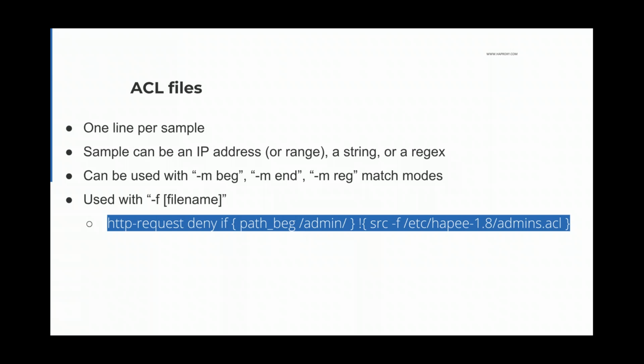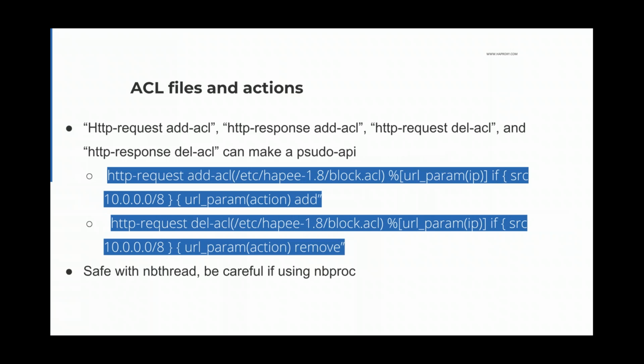ACL files are loaded with -f and the file name that you want your ACL to use. When updating via the command line, you'll use the file name. Additionally, we have a blog post on the Runtime API which will cover that. You can do all sorts of fun things using http-request add-acl to add and remove ACL entries via requests.